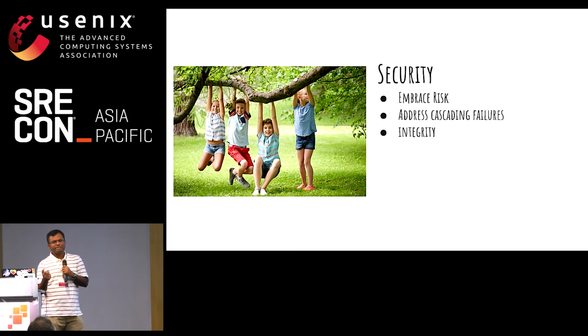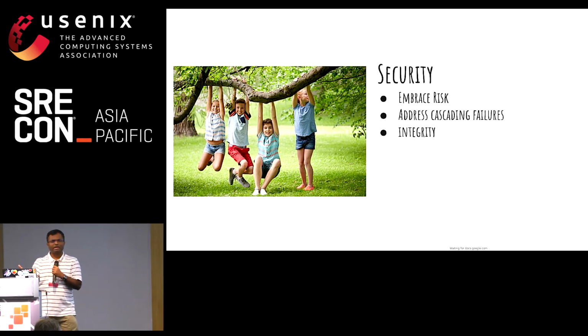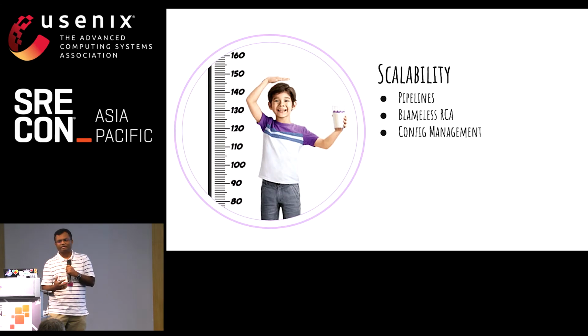And at the same time, when they get into trouble, they ensure that the kids don't get into more trouble, by not keeping them at home, or not stopping them from going to play, or going to school. And then also raising them in a healthy environment, instilling good values. So that's the integrity aspect of security.